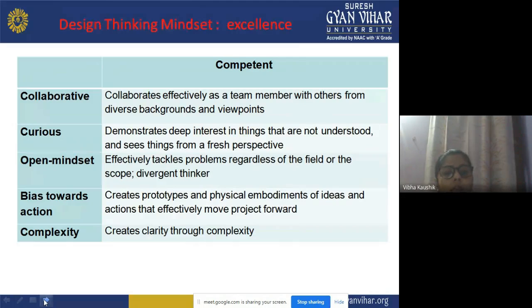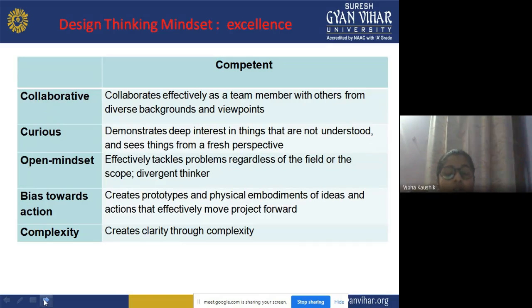Now, collaborate effectively as a team member. It means all the members of the group should work in cooperation and should be effectively contributing something to the solution of the problem, with others from diverse backgrounds and viewpoints. Okay. Now, curious, demonstrate deep interest in things.